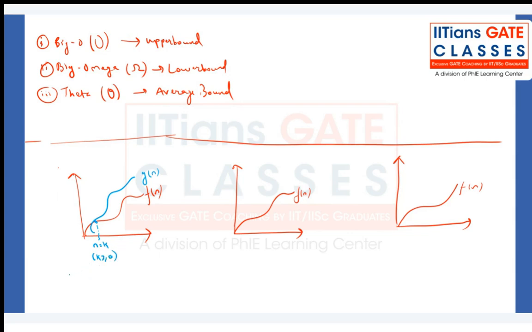For every value of n greater than or equal to k, if we observe that f of n is less than or equal to some constant c multiplied by g of n, where c is also greater than 0, then we say that f of n is O of g of n.